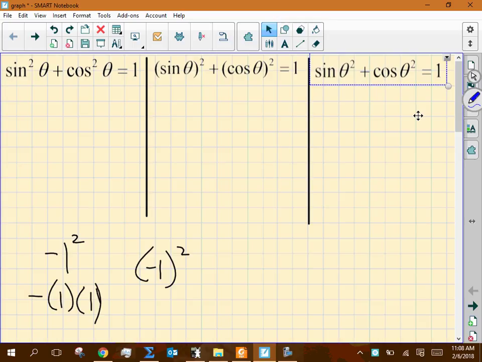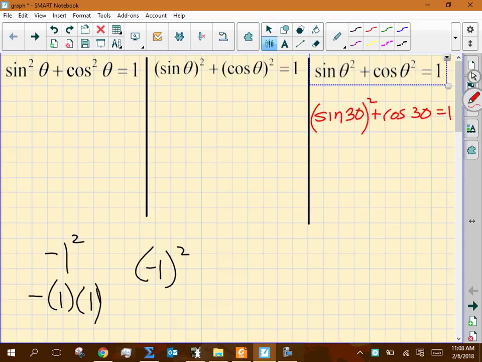So the argument that we talked about on Friday is that if I have, let's say, sine of 30 plus cosine of 30 equal to 1, the only time that is equal to 1 is if I square the entire sine of 30, and I square the entire cosine of 30. That's the only time that's going to equal 1.